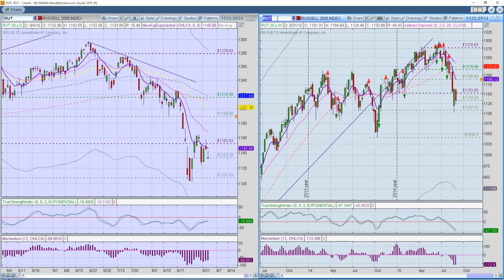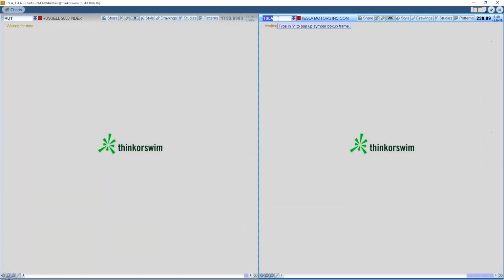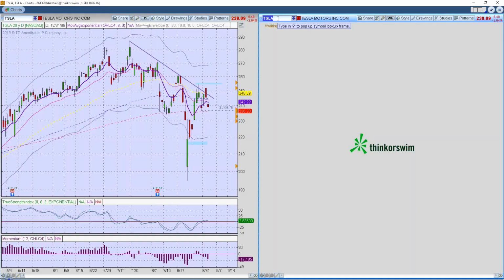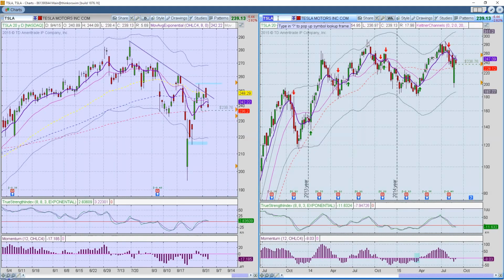Let's take a look at Tesla. Tesla's a stock that, like I have mentioned several times in the after hours market update, I'm very interested in buying eventually. Right now I'm waiting for a potential setup.